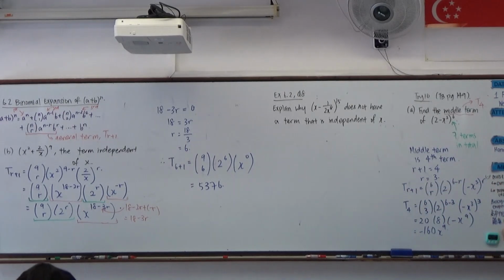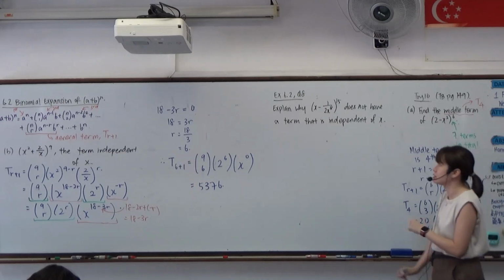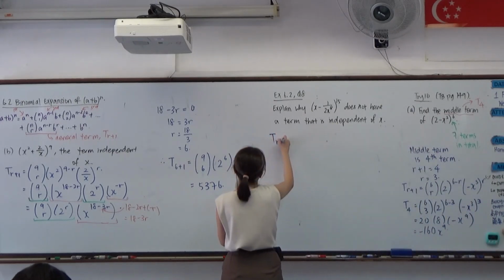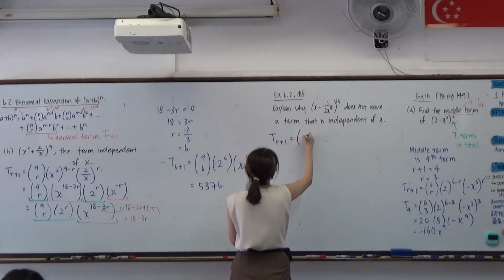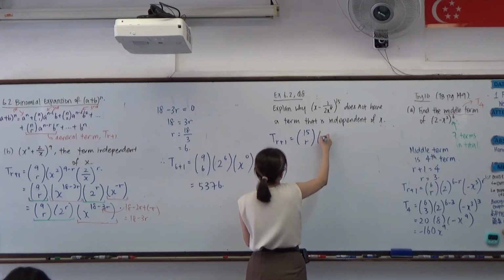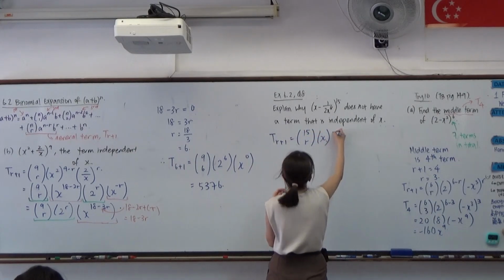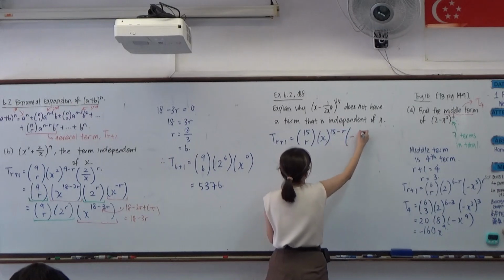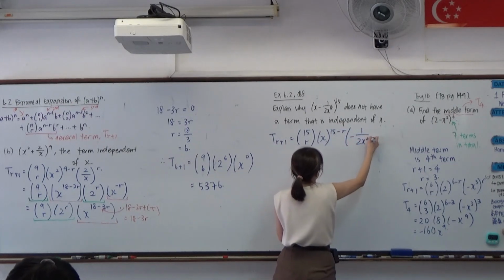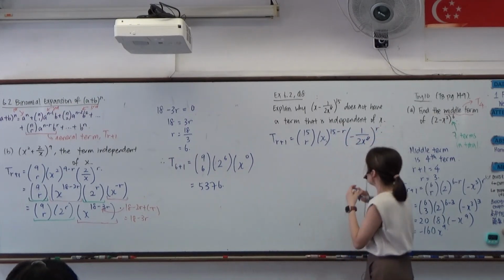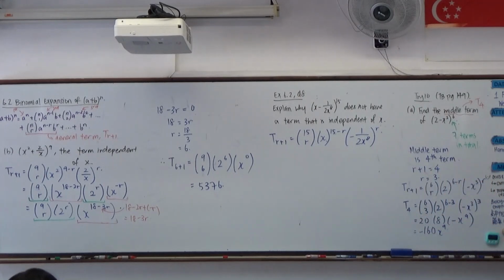We can figure that out by relying on the general term. So the general term would actually be 15 choose r, x to the power of 15 minus r, negative 1 over 2x to the power of 8, then to the power of r.